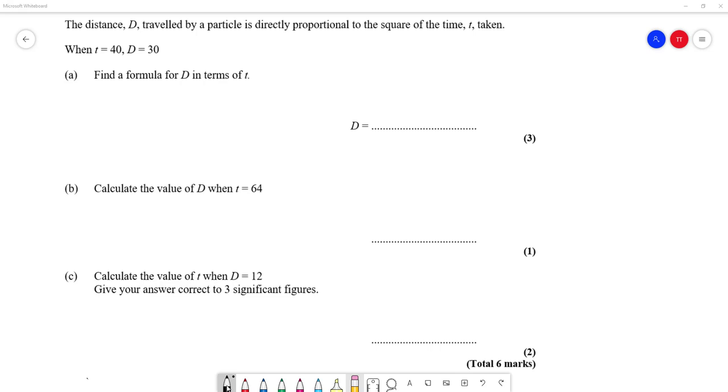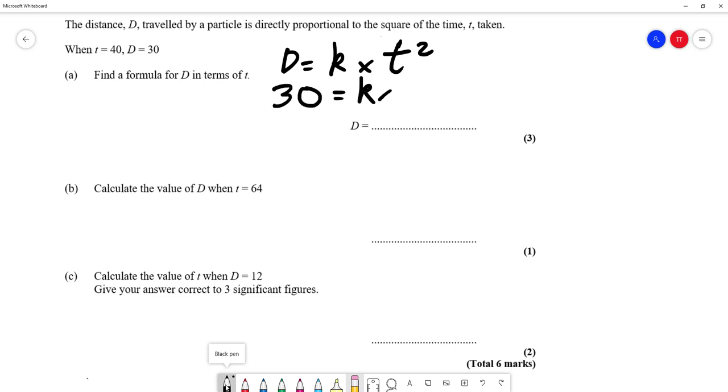Okay, welcome back. So this question says, the distance d travelled by a particle is directly proportional to the square of the time taken. So let's write that down. d is equal to k times the square of the time. Okay, so now that we've got the formula written down, we can now substitute the values in. d equals 30.